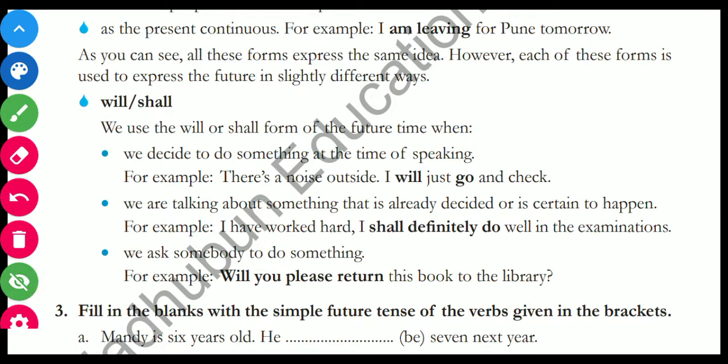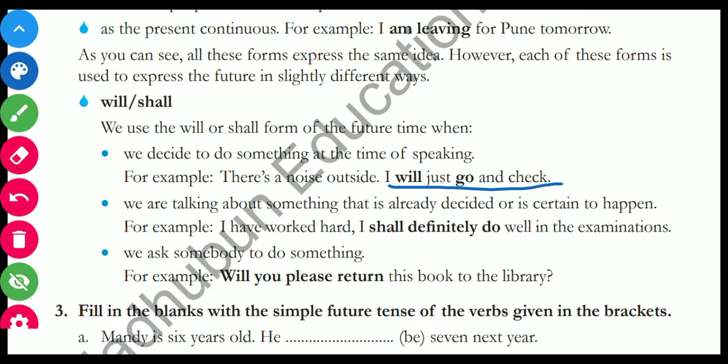If you can see, I will just go and check. That means at that moment I am going to check. I am going out just to check what is happening. Okay, जब shall की बात होती है तो shall में क्या होता है, that this may happen in the future. Okay, this is decided that this would happen in future.